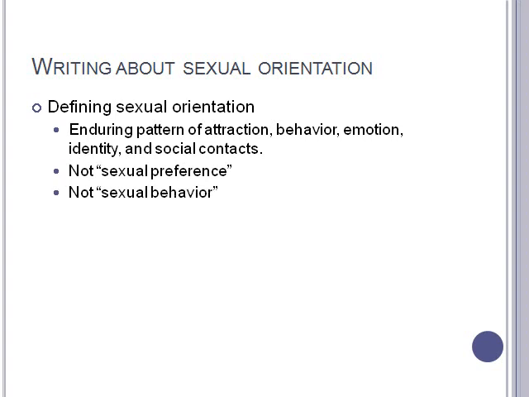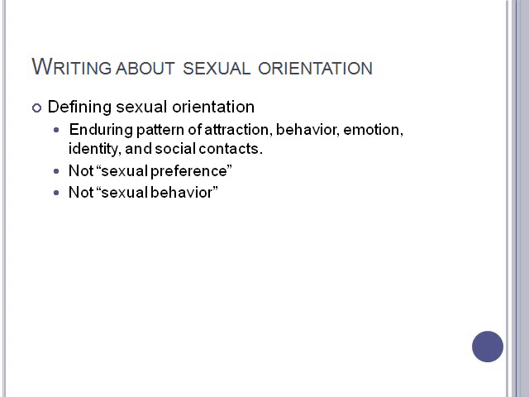Sexual orientation is also not the same thing as sexual behavior. And this recognizes that if somebody engages in same-sex sexual behavior, they don't necessarily have a homosexual or bisexual sexual orientation. And if somebody engages in sex with a member of the other sex, they don't necessarily have a heterosexual orientation.